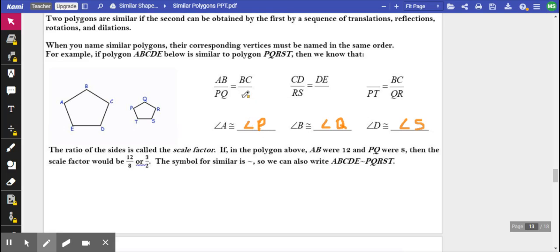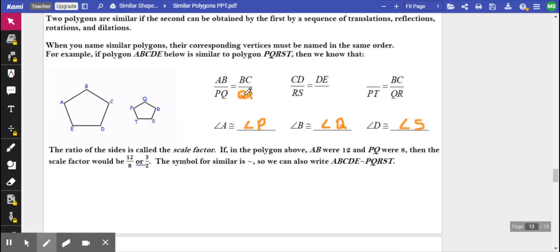If we're thinking about sides, there's different ways you can set up proportions, but we'll talk about that in a second. For this first one, AB to BC, the 2 sides right next to each other, would be PQ and QR. And then continuing on, we got CD and DE right next to each other again.